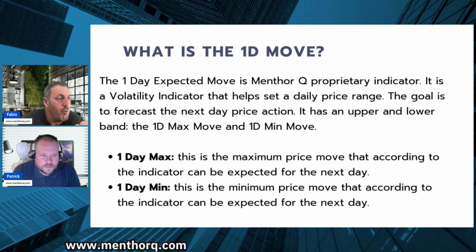And obviously we have one upper band, which is the one-day max, and the lower band, which is the one-day minimum. The one-day max is really the maximum price move that, according to the indicator, can be expected for the next day. And the one-day minimum is the minimum price move that, according to the indicator, can be expected for the next day.